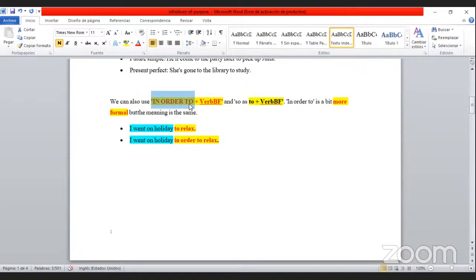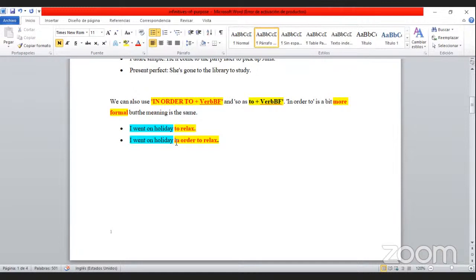It means para, okay? And so as to plus the verb in base form is the same. But what is the difference? In order to is more formal, but the meaning is the same. For example, I went on holiday to relax. It was with the first one.